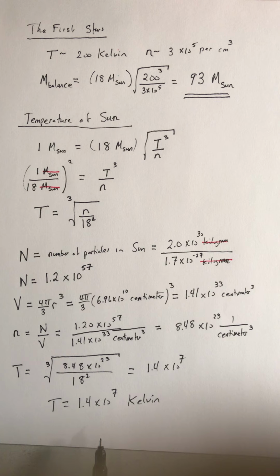But this rough estimate for the average temperature of the sun, for it to be in hydrostatic equilibrium between pressure and gravity, is enough to tell us that the sun has to be a nuclear furnace. The hydrogen ignition temperature for densities like we have in the sun is about 10 million Kelvin, so significantly cooler than this 14 million Kelvin. So the sun is a gigantic nuclear furnace.